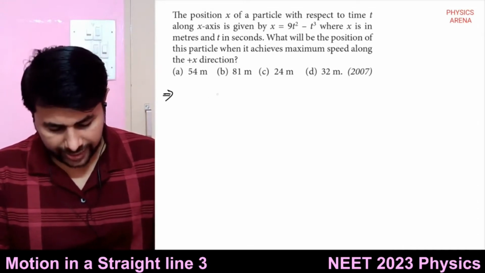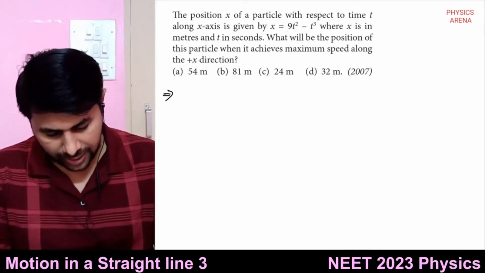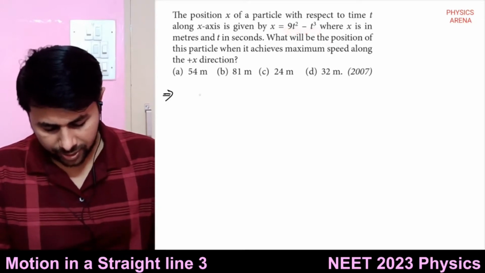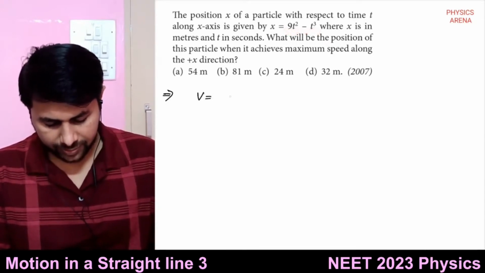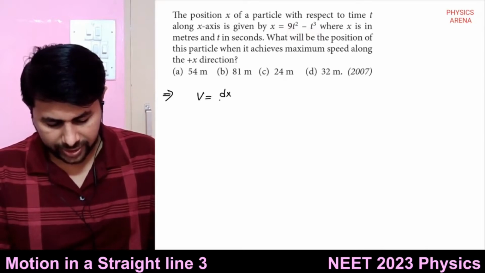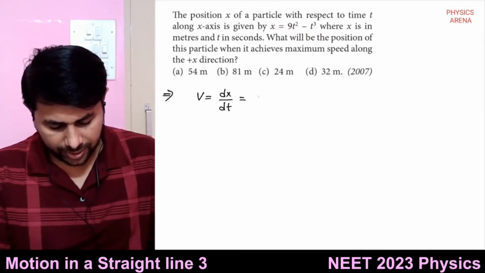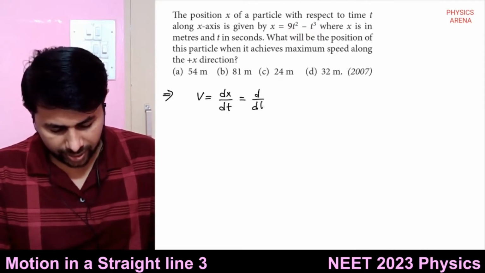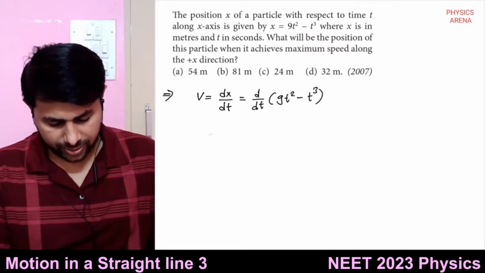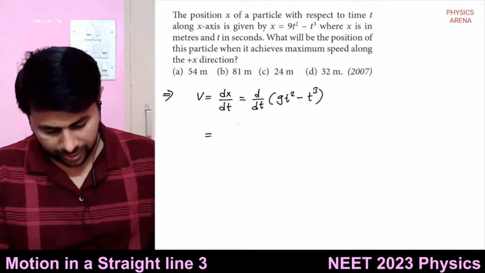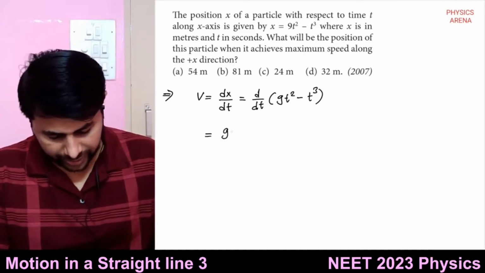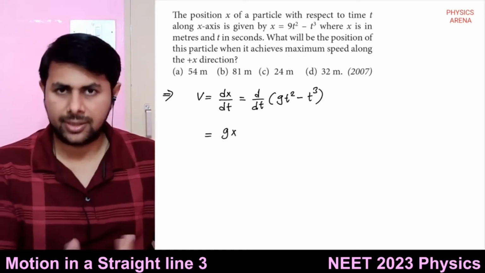So we are given x is equal to 9t square minus t cube. If we take its derivative, v is equal to dx by dt, which is d by dt of 9t square minus t cube. I will write it directly because we have taken derivatives like this before.